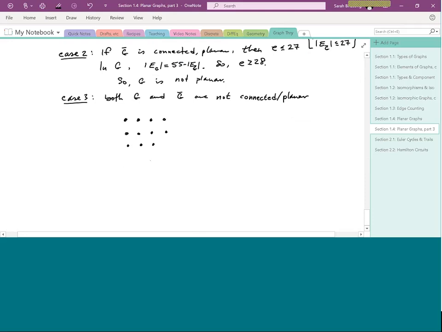So this guy, this is G. Now, anybody guess what the complement of G has to be? Yep, this would be the complete graph on 11 vertices, which I am totally not drawing. So over here, you have a disconnected graph. Over here, you're going to have a connected graph, but not planar.